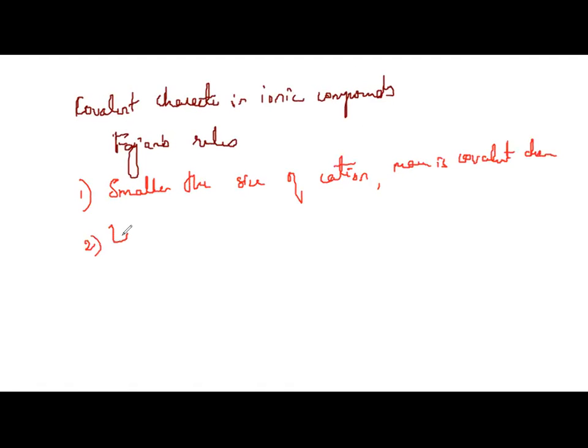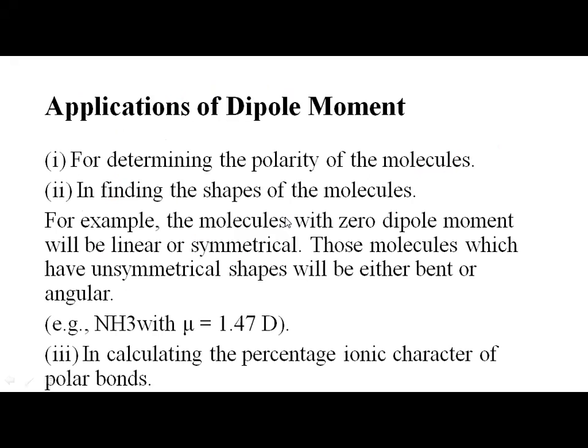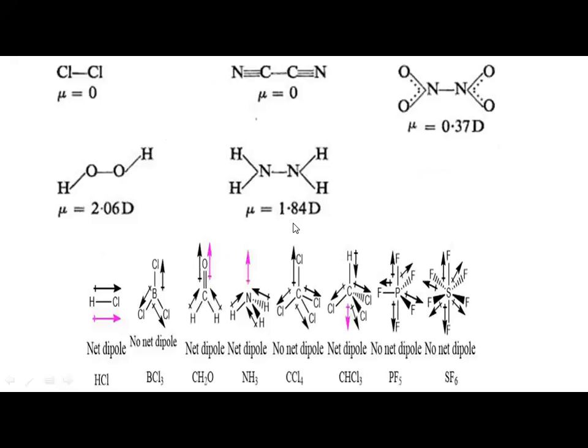Second, larger the size of the anion, more will be the covalent character. Third, larger the charge on either of the ions, more will be the covalent character. Is that right? So this is about Fajans rule, covalent character in ionic compounds.